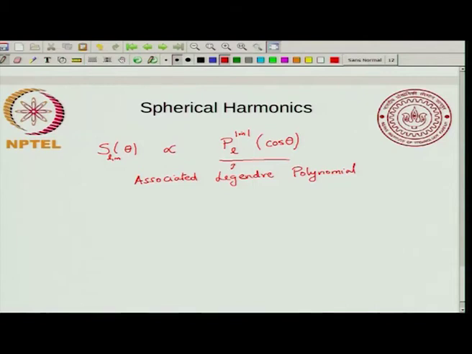So what is the expression? I'll just write the expression. So if I write P L m of w, there are some constants at the beginning, just like in the Legendre polynomial.